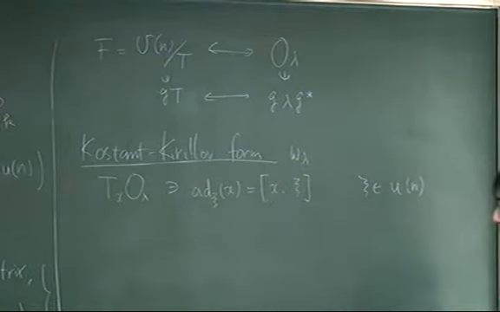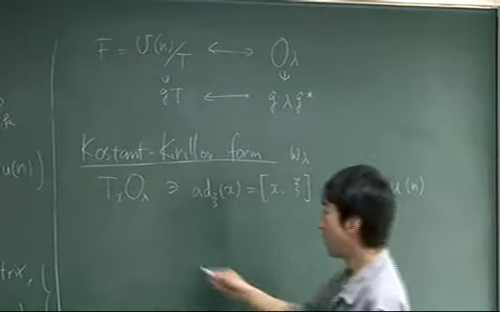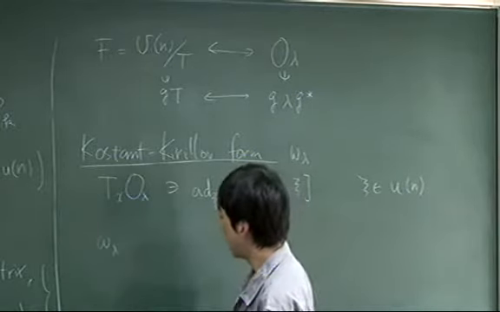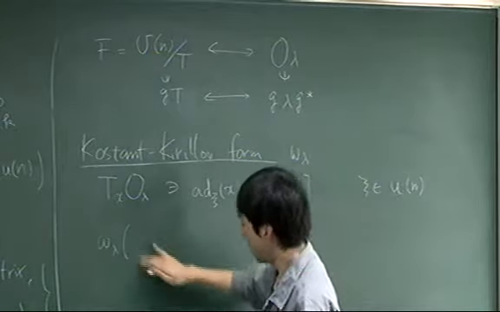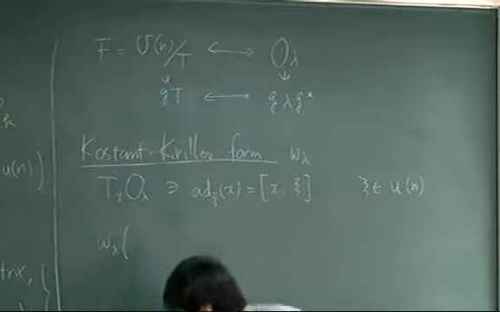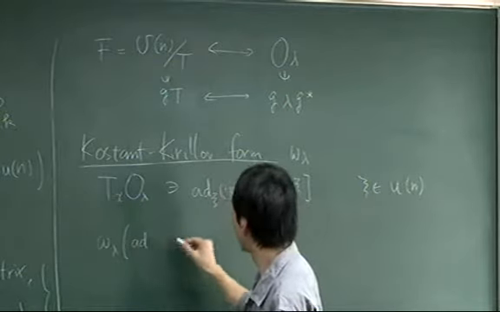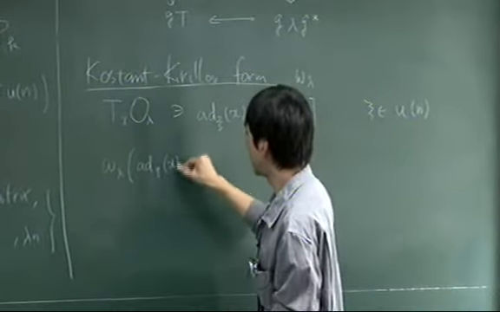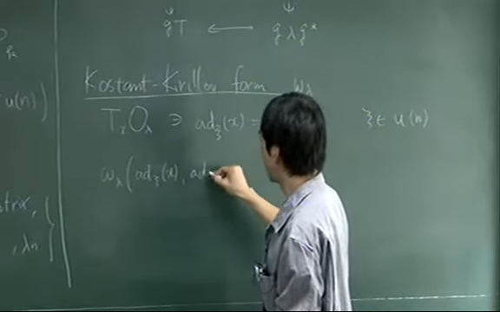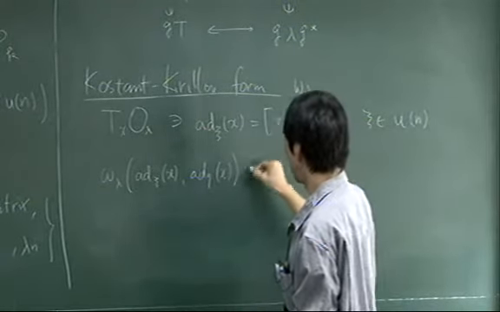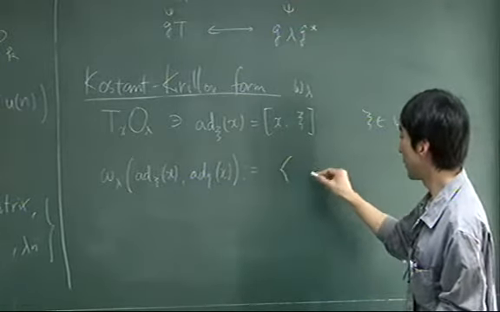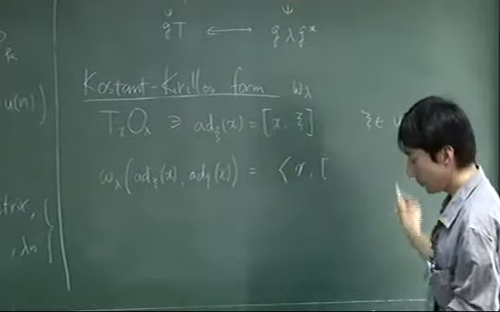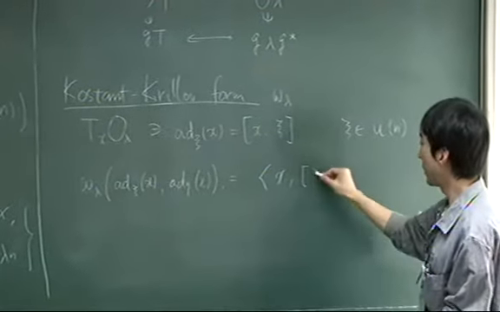Then omega_lambda is defined by the pairing of x and the bracket of xi and eta.